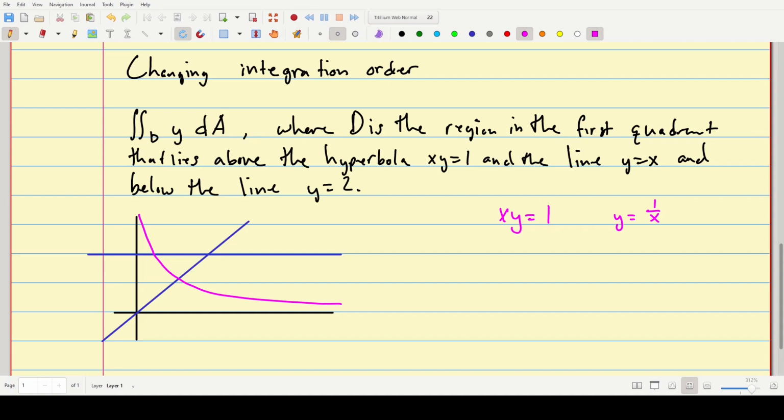Okay. And so the area for our integral is above this line, below this line, and above this line here. Okay. So what that means is that we are trying to integrate here. Make sense?